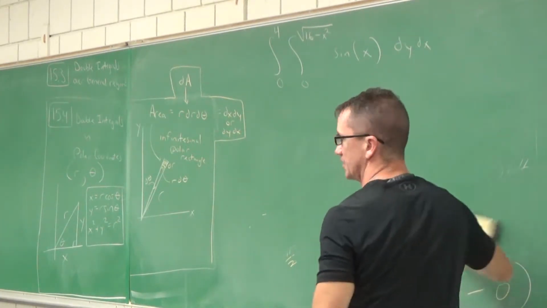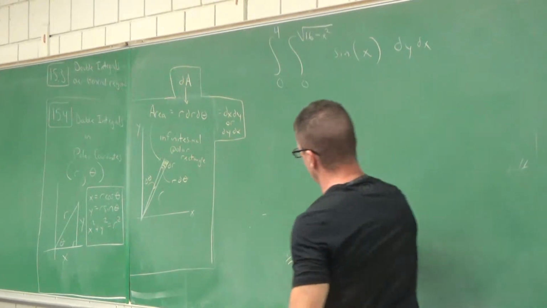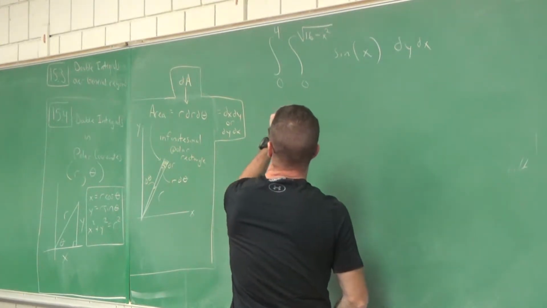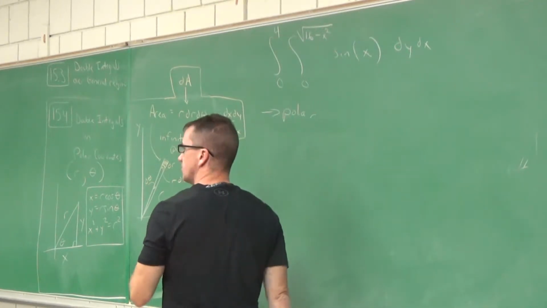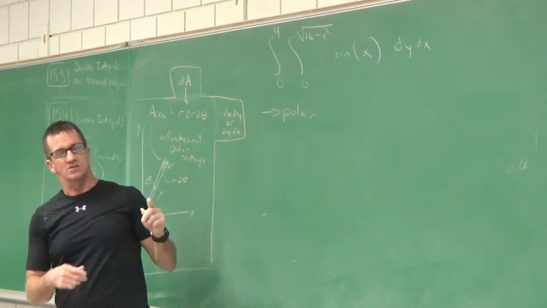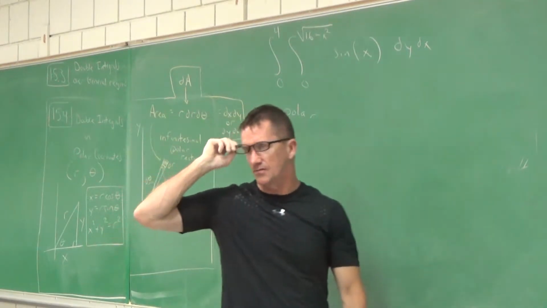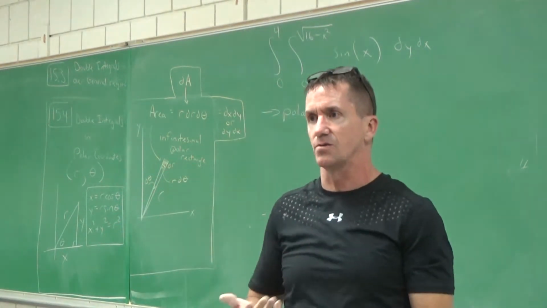You don't have to solve this problem. I just want you to rewrite this in polar. This problem is like 7 and 8 off the practice set. Can you just rewrite this whole thing in polar?